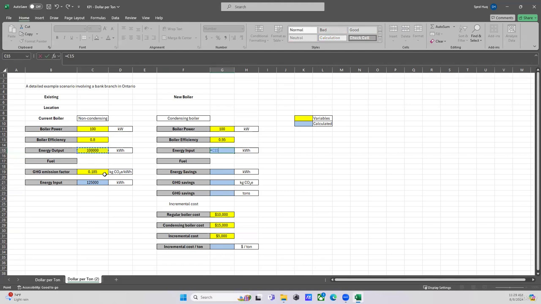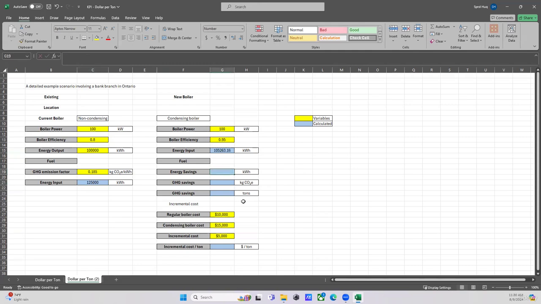So take the energy output and divide by the efficiency of the condensing boiler, 95%. See, this amount, 105,000, is less than 125,000. It means you now require less energy to produce the same output energy. So it's more energy efficient. So that is the energy input.